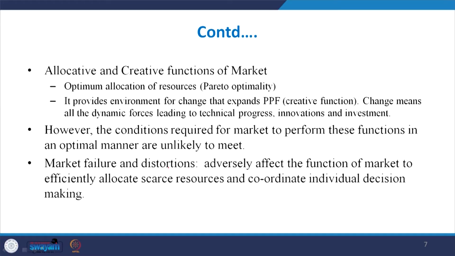So, these are the ideal situations, and if certain conditions are met, then the market can allocate resources efficiently, and that is why market failures and distortions may occur in real markets that will adversely affect these two functions of the market.